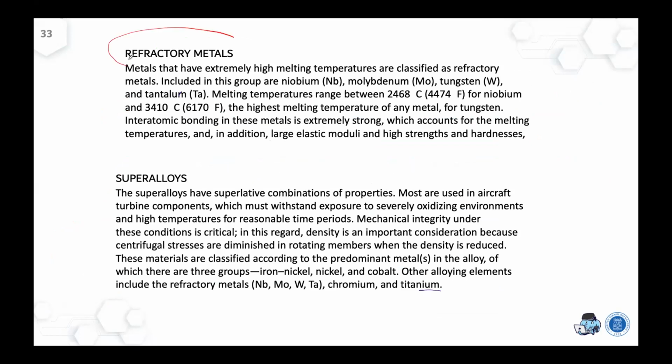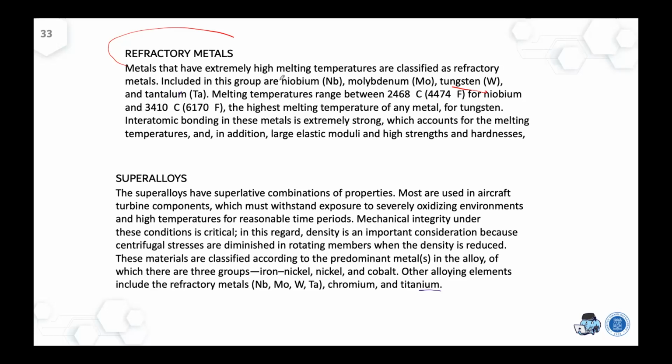Okay, another one is refractory metal. Maybe just some other things. So refractory metals, for example, molybdenum, tungsten, maybe the very good application is for lampu, for the lampu pijar, ya.